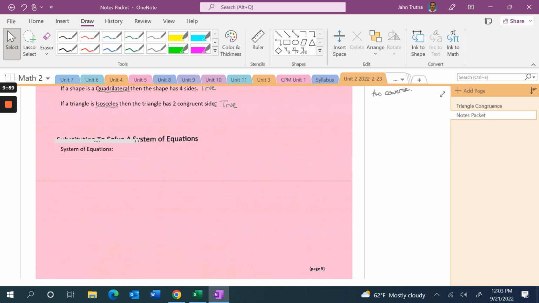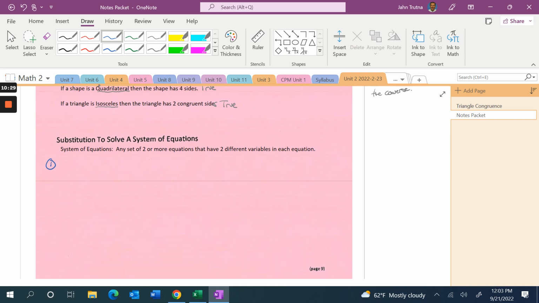A system of equations is any set of two or more equations that have two different variables in each equation. Okay, here's an example of what I mean by that.